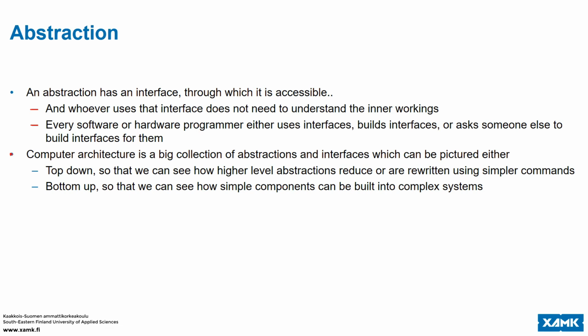And all in all, computer architecture is a big collection of interfaces and abstractions. You can look at this big collection of abstractions either from top down, so that we can see how higher level abstractions are rewritten using simpler commands, or bottom up, so then we can see how simple components can be built into complex systems.